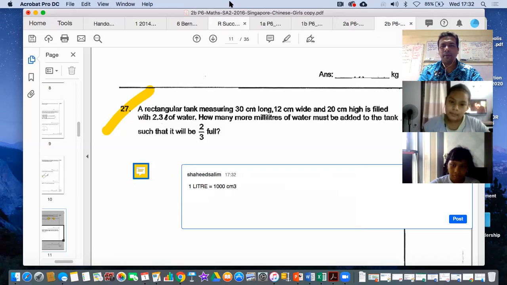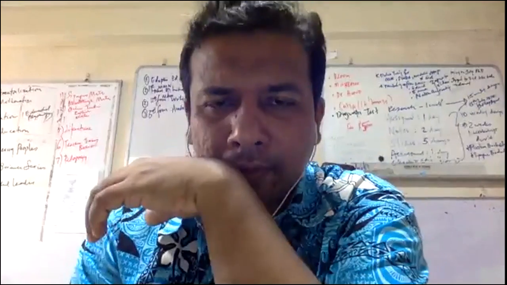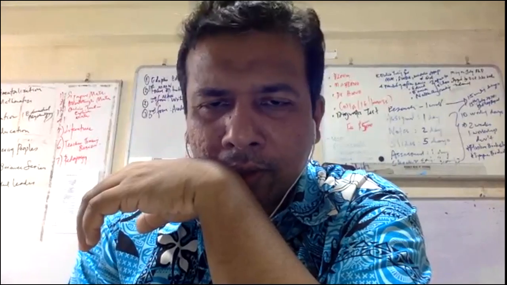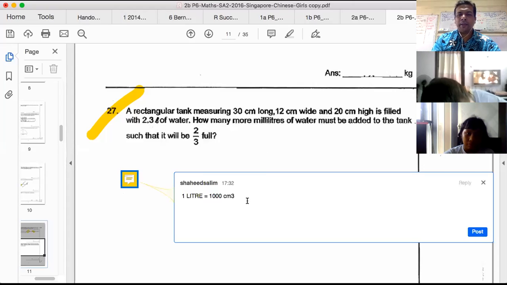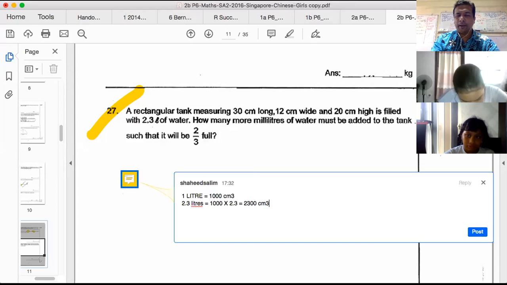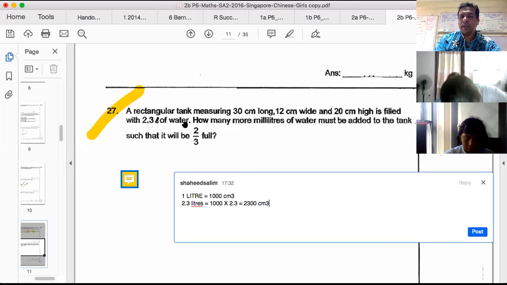So 2.3 liters is equal to 1,000 times 2.3, so you get 2,300 cm cube. That's how much water there is.